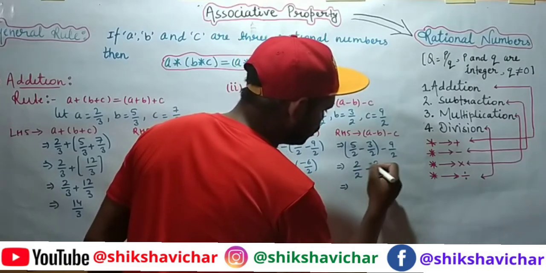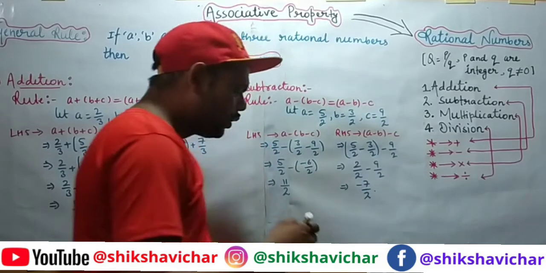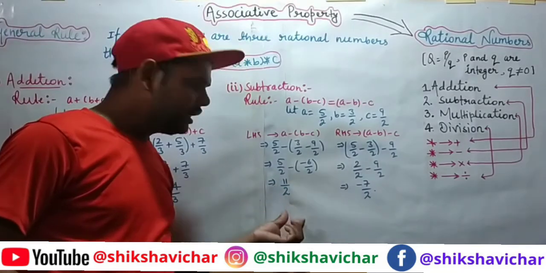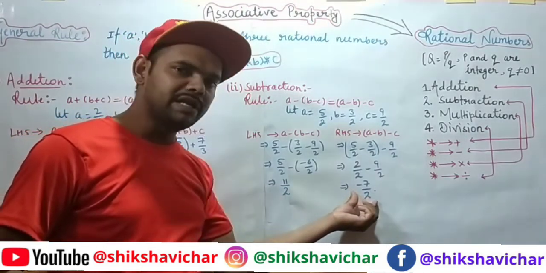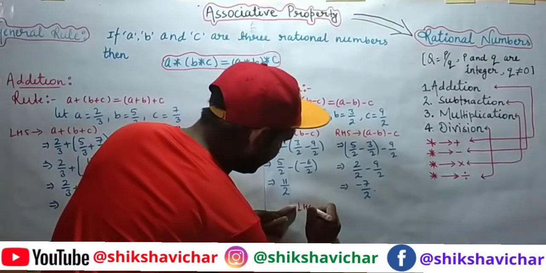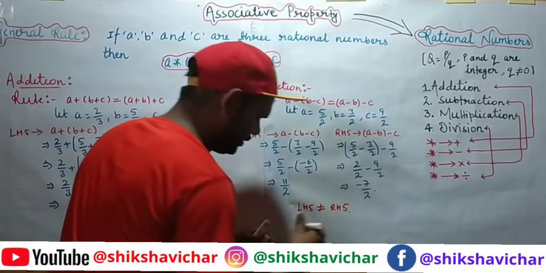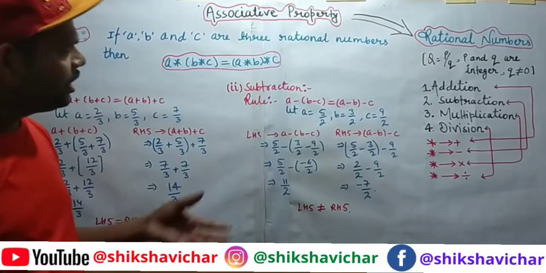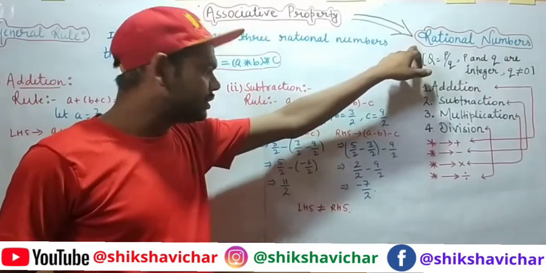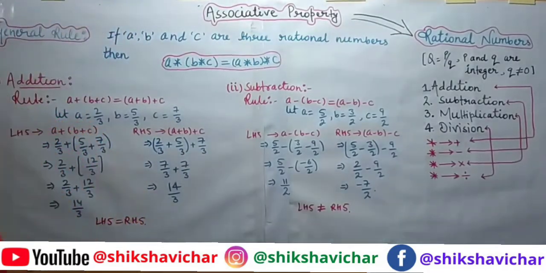This implies that 2 minus 9, that would be negative 7 upon 2. What we see is that the value of left hand side is 11 upon 2 and the value of right hand side is minus 7 upon 2. That means left hand side LHS is not the same as RHS. What does it mean? It means that associative property for rational numbers over subtraction is not satisfied.